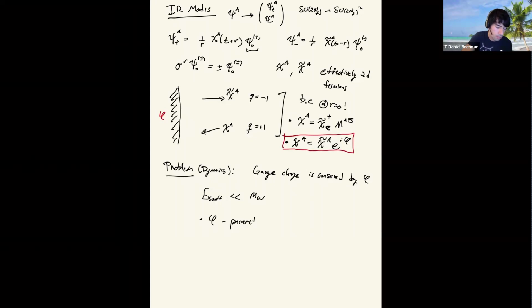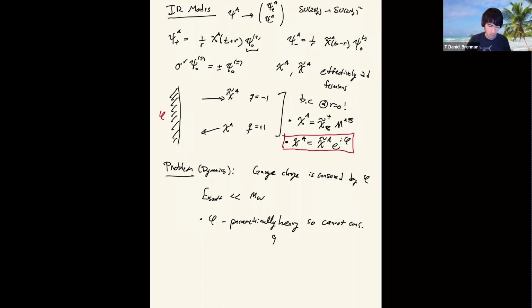And so you really can't conserve gauge charge this way. So in other words, we really have to integrate out phi in order to get a well-defined infrared theory and to understand the infrared scattering.